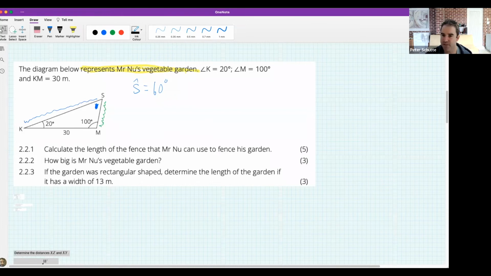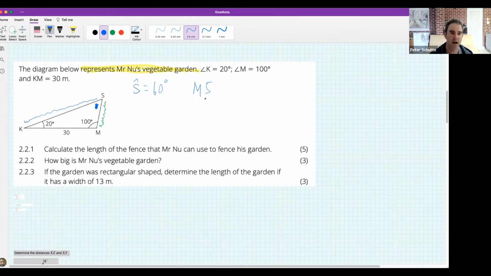Thank you. So Rafiwe has been very helpful, but now I want to know, in order to find, let's try and find MS. What tool would we use to find MS? Okay, so Clanati has said the sine rule, and I think I agree. Tando has said the sine rule. Yes.